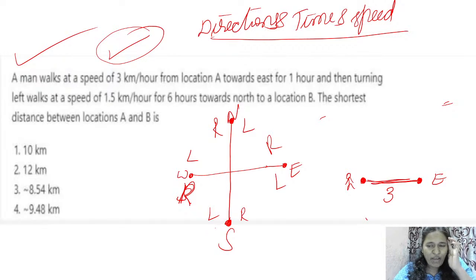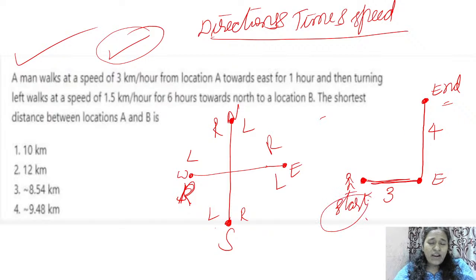Now every time I will do that only. Okay, after going 3 kilometers, he turned his left, that means he is going upward to the north, then he went up 4 kilometers. Then the question is, what is the distance between his starting point and ending point? This is the ending, right? This is the starting.